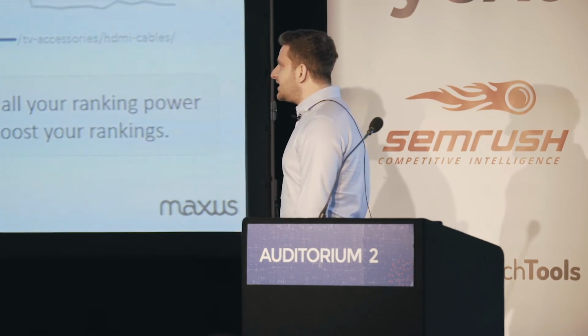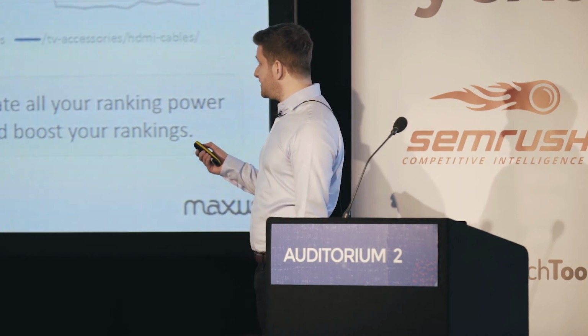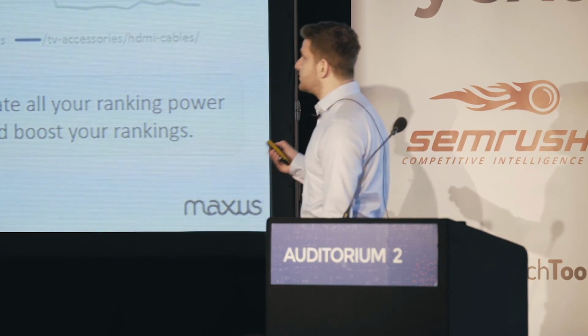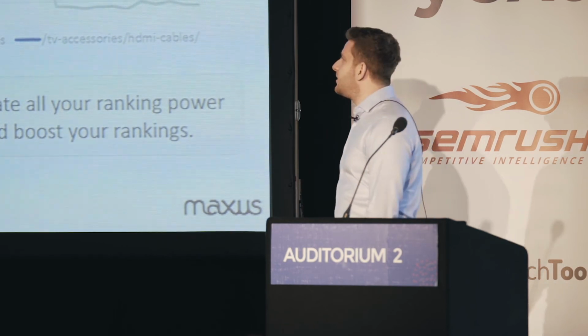Now, on the other side, if you see that you rank for the same keyword with a lot of different pages that have different numbers of impressions and average positions, that indicates, probably like 90% of the time, keyword cannibalization due to duplicate content. And in order to investigate a bit further, you need to visualize your average position over time to get a better understanding of what's going on.